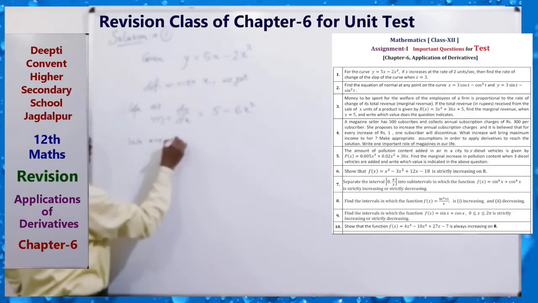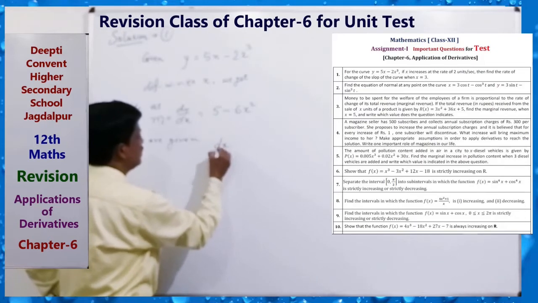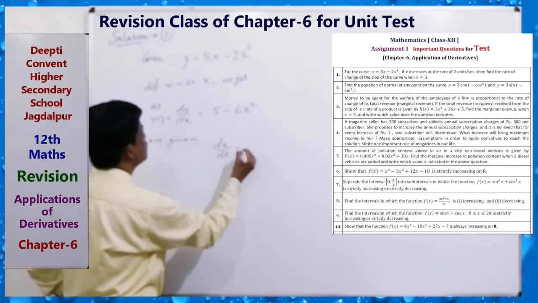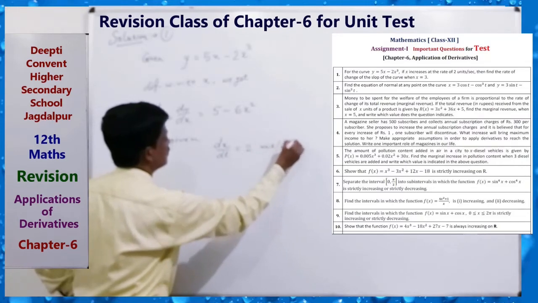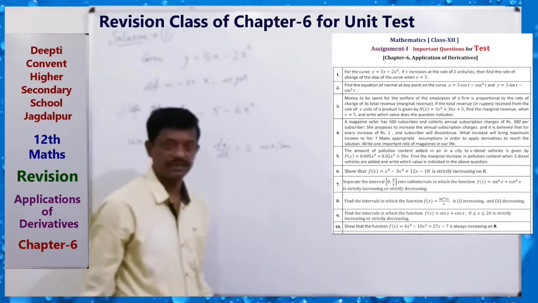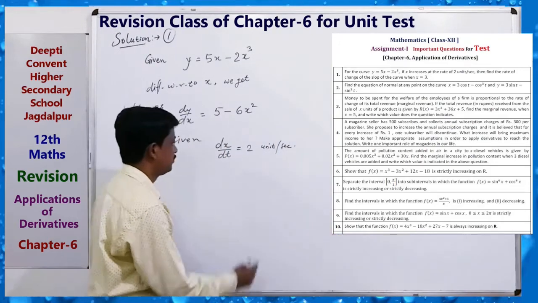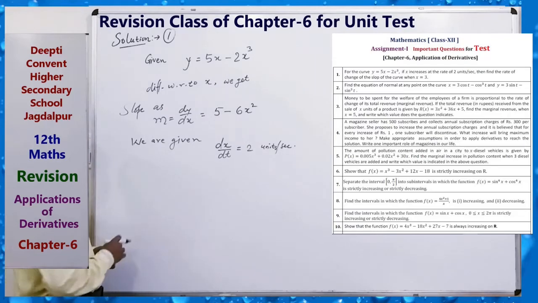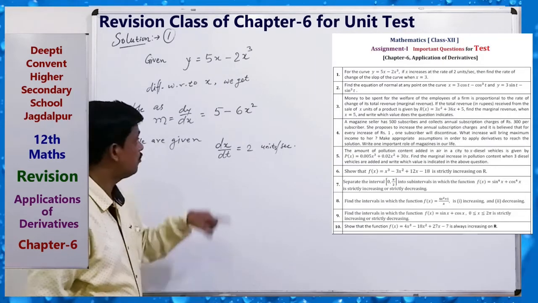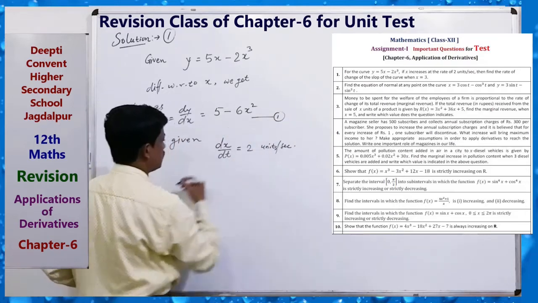We are given dx by dt equals 2 units per second. Now we have to find the rate measure of m. So this is equation 1, suppose.